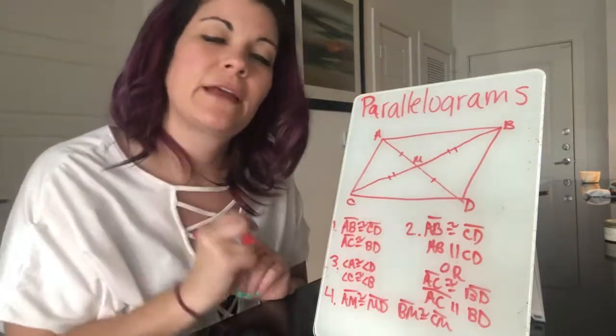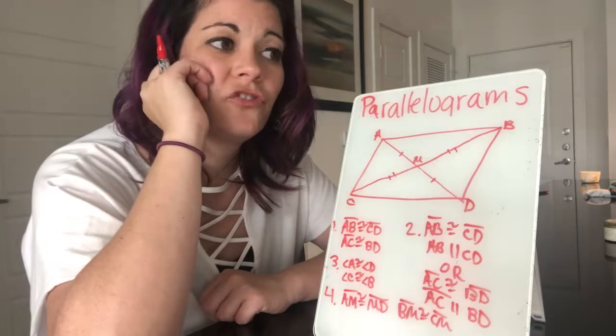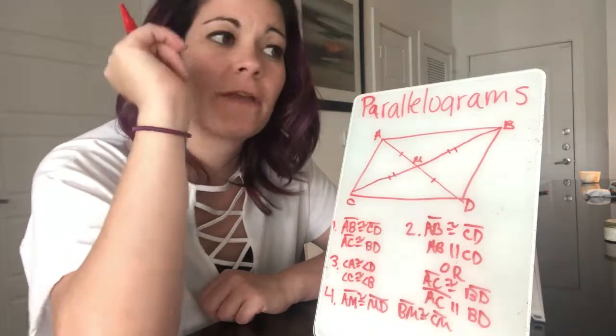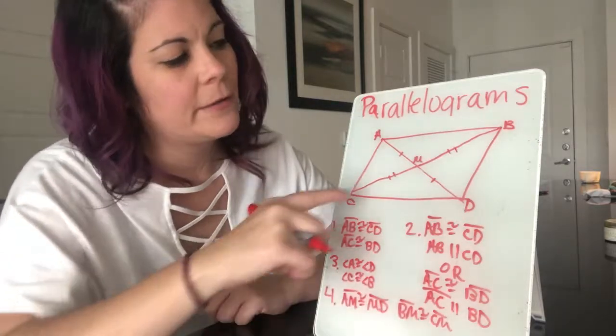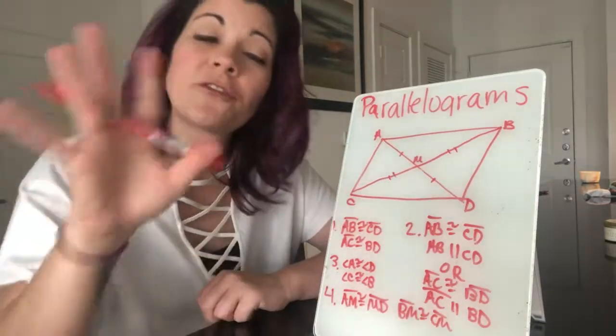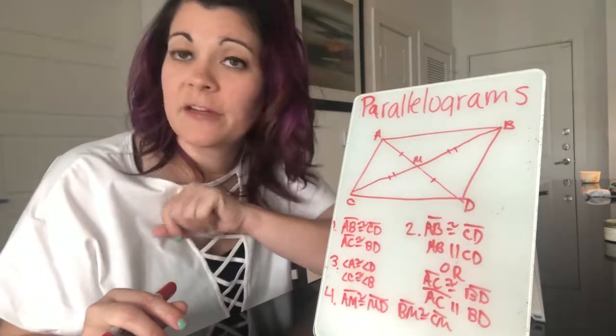Both pairs, then we can say it's a parallelogram. And the fifth way is to show that the diagonals bisect each other, which is the fourth theorem. So there's 5 ways: the 4 theorems, and then the definition.